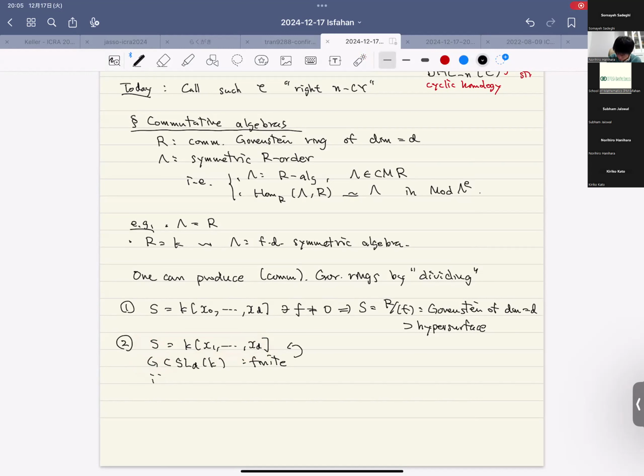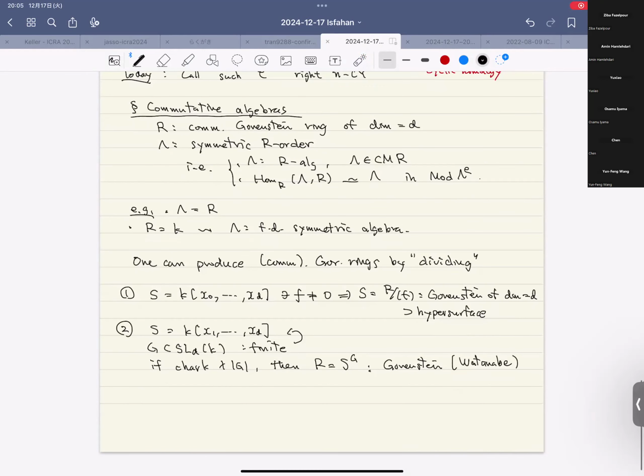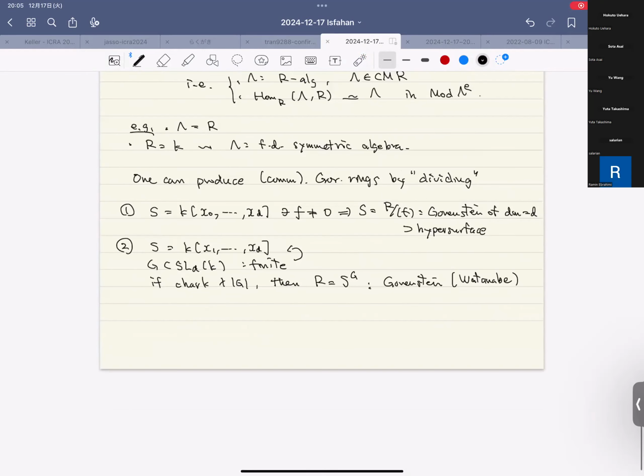If the characteristic is not bad, then this invariant subring will be Gorenstein. In particular in dimension 2, this is nothing but the simple ADE singularity. This is a classical result due to Keiichi Watanabe around 1970.